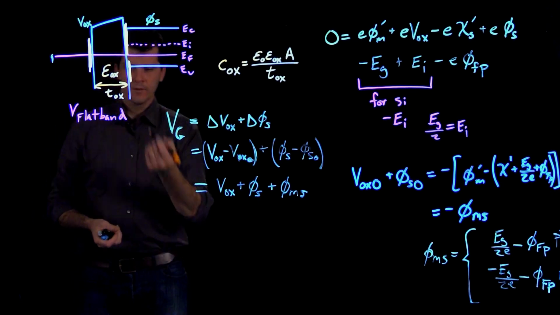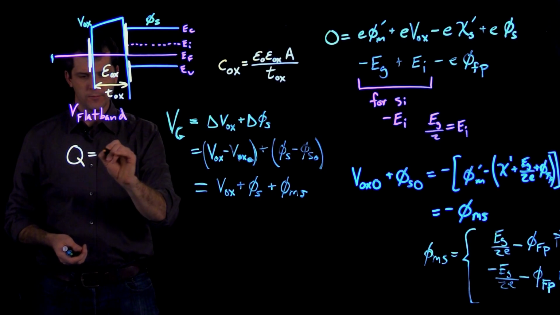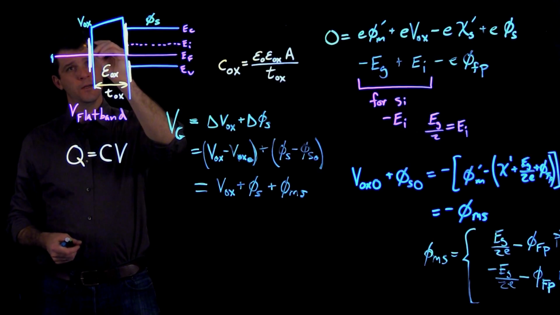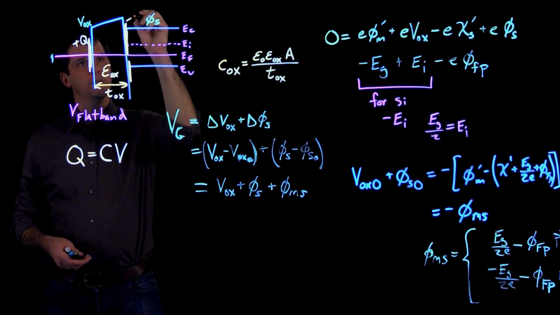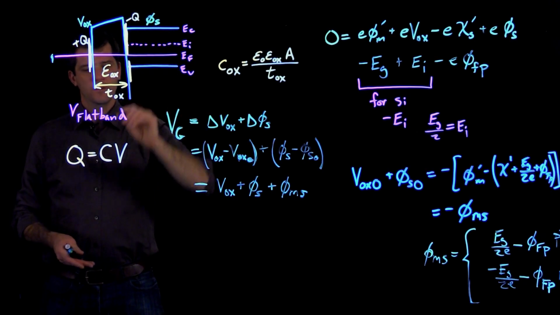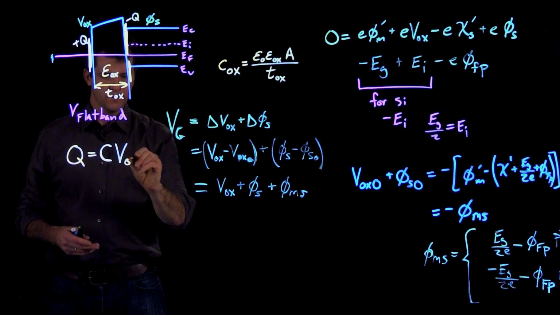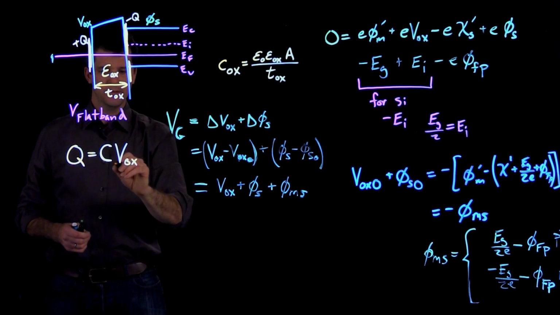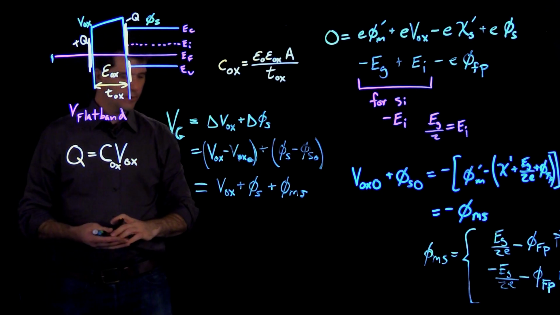And we have that the charge has got to be equal to CV. So if this is plus Q here, we know that this is going to be minus Q here. And we can then substitute in that this is really the voltage just that's dropped over the oxide, and this is the oxide capacitance.